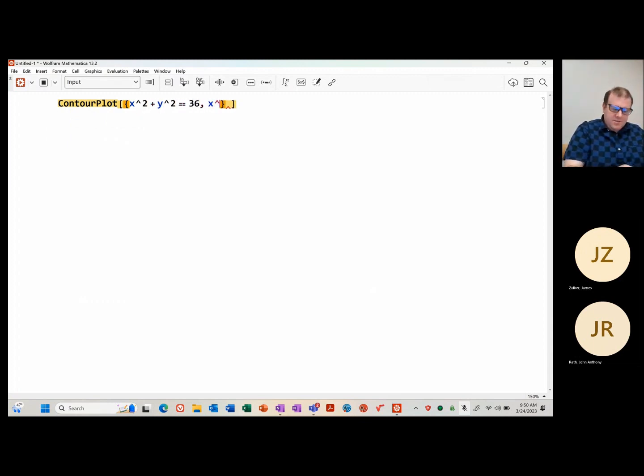And then it was x squared minus 6x plus y squared, right? Yes. We're in the first quadrant, so we're going to plot the first quadrant.